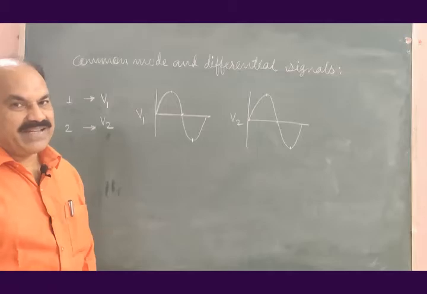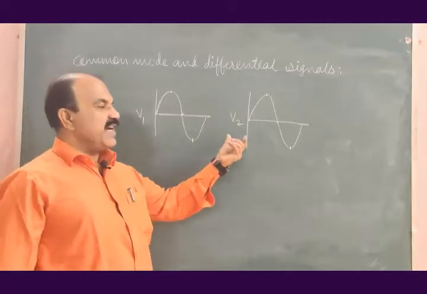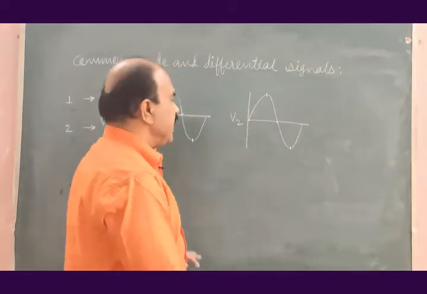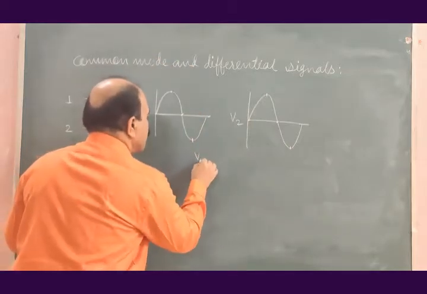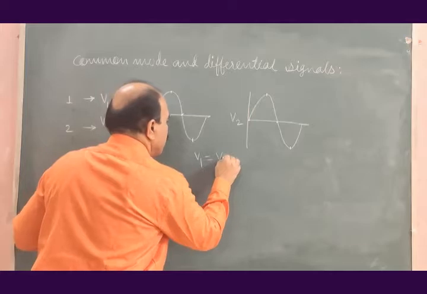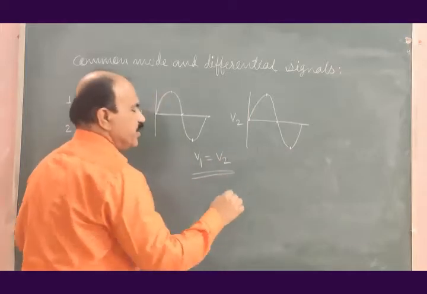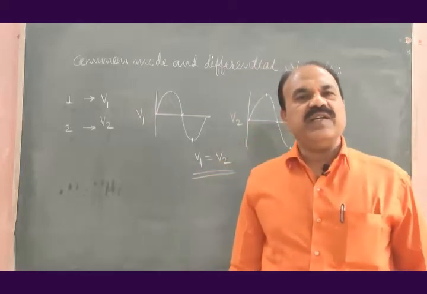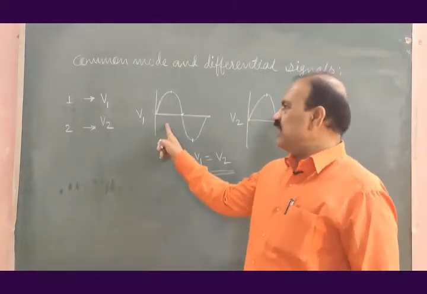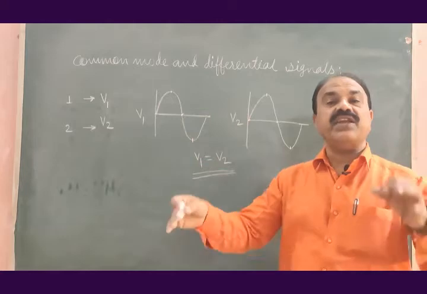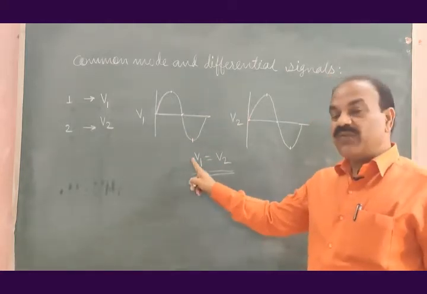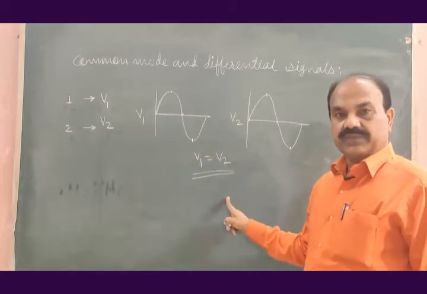What does this mean? It means that V1 and V2 are in phase. In other words, V1 is equal to V2.